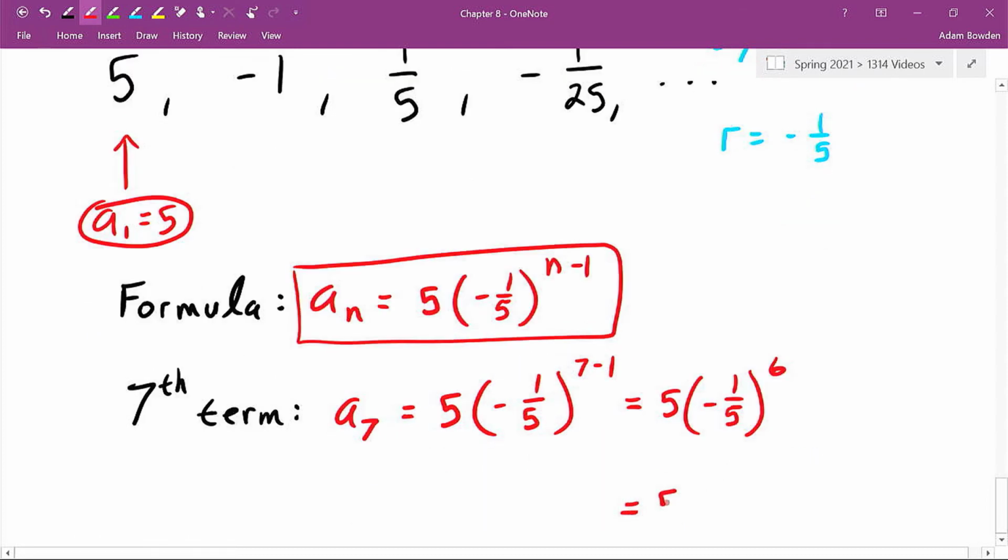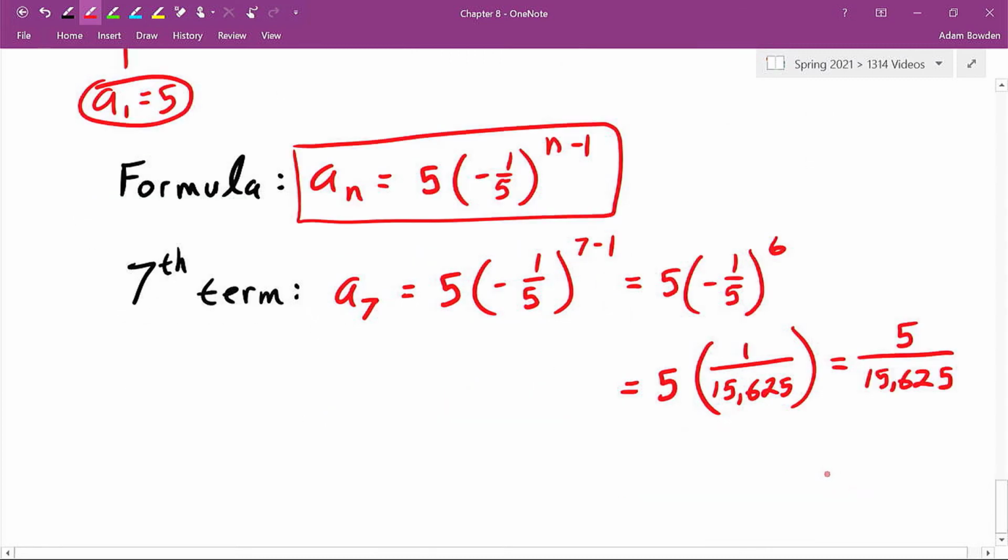I went ahead and raised the fraction to the 6th power. That's equal to 1 over 15,625. So this would be the same thing as 5 over 15,625. And that reduces down to just 1 over 3,125.